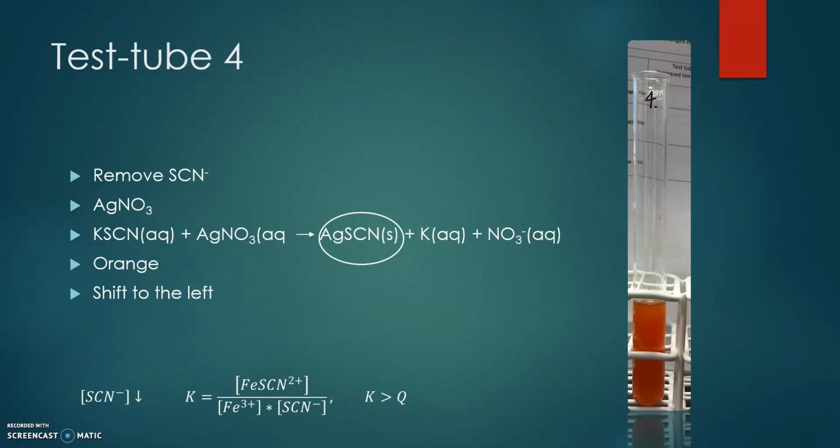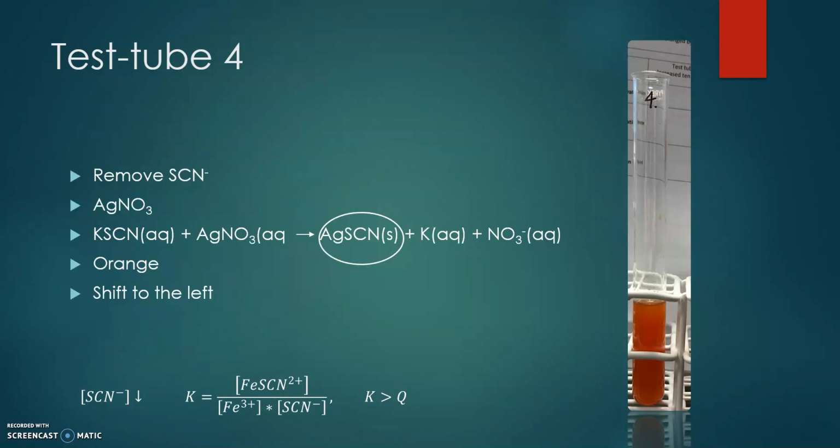In test tube 4, we removed some of the thiocyanate by adding silver nitrate, and the silver nitrate formed a precipitate with thiocyanate. The solution then changed color to orange. The reaction shifts to the left to form more of the lost thiocyanate to restore equilibrium.